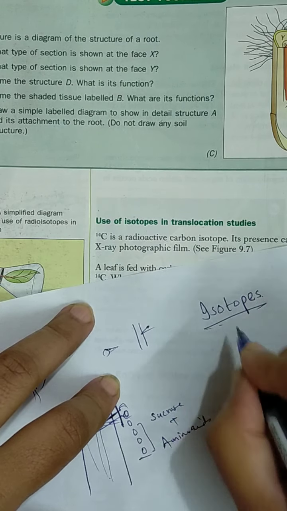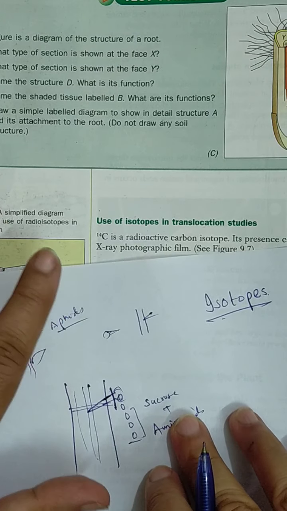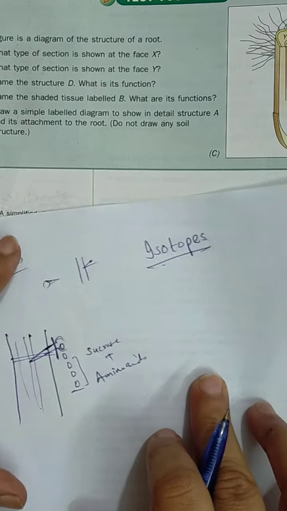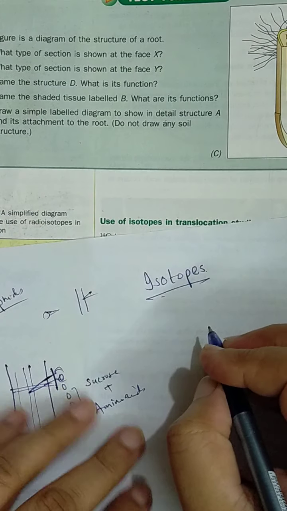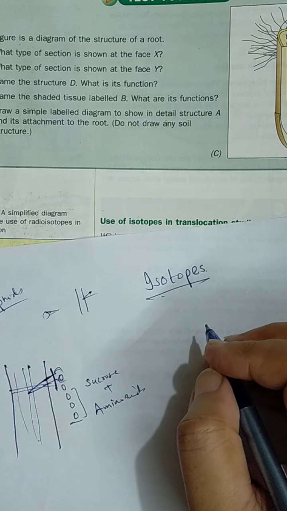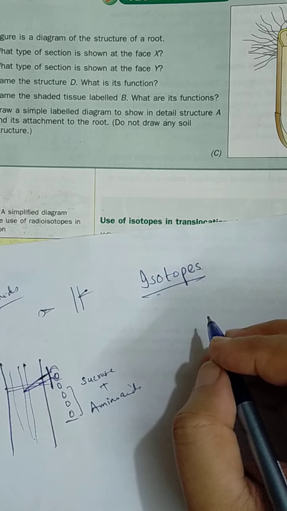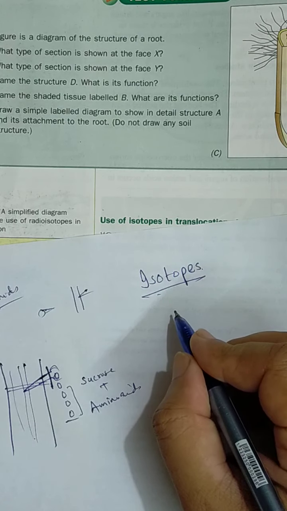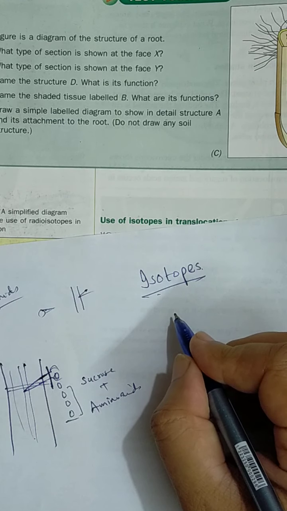Isotopes are atoms of the same element but having different atomic masses. For example, I think in 7th class you have read about the isotopes of hydrogen. Hydrogen has 3 isotopes which are named protium, deuterium and tritium.